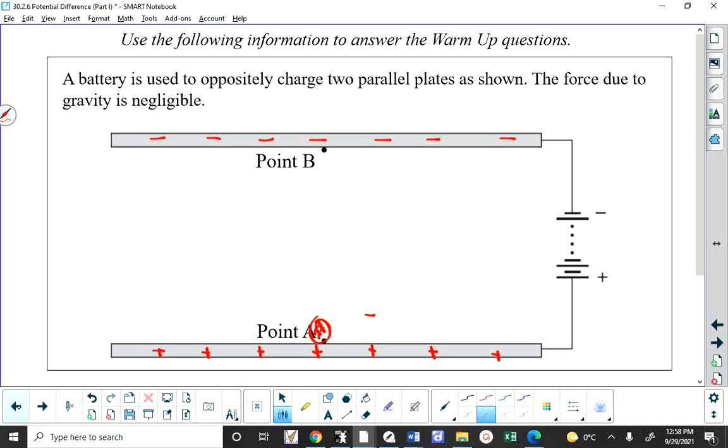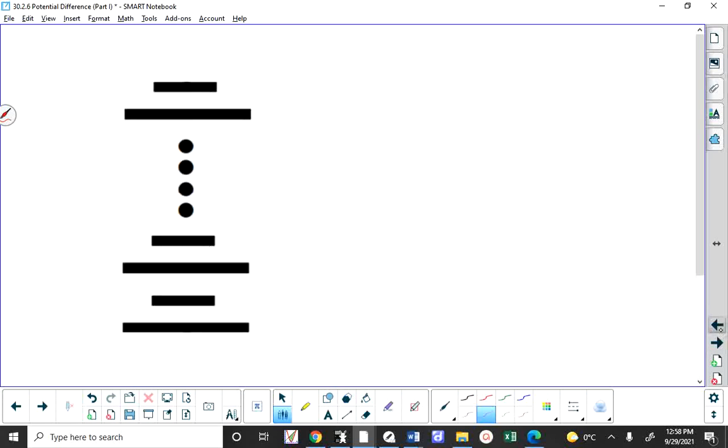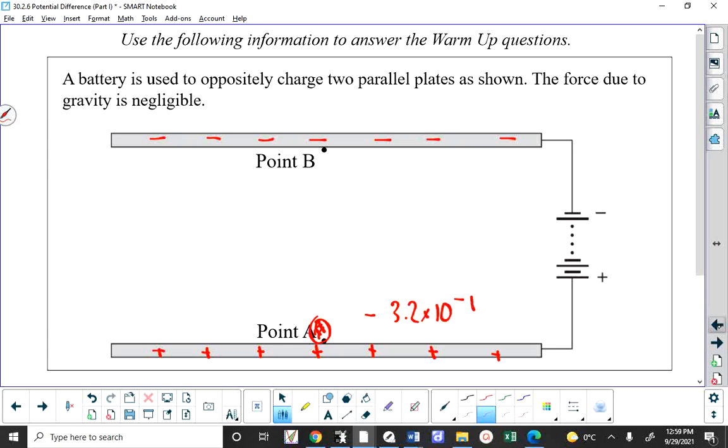It has a charge of negative 3.2 times 10 to the negative, did I say negative 7? I better look. 17 coulombs. I'm not happy with that diagram. Okay, we don't even have to draw it. It's a little tiny thing, but it's sitting there.